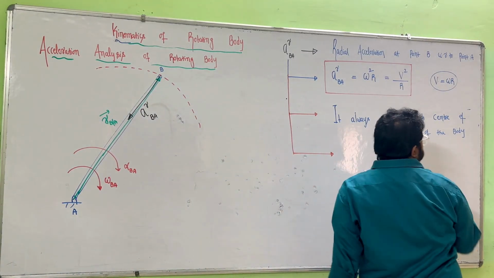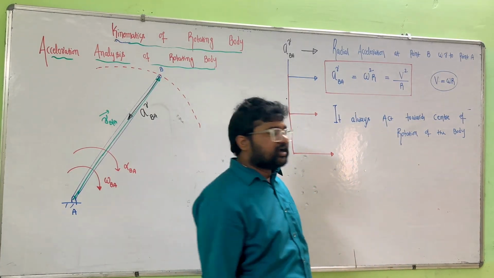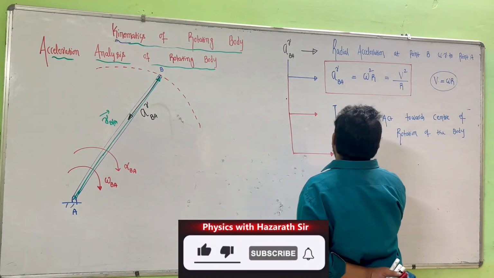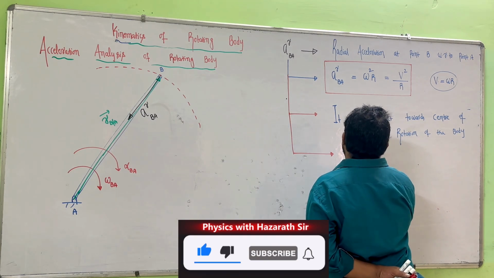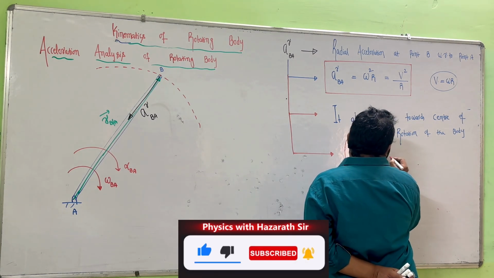This definition is valid for circular motion also. Clear? So we can call radial acceleration centripetal acceleration.